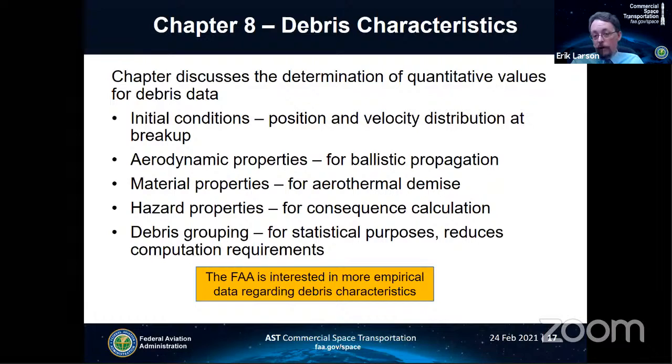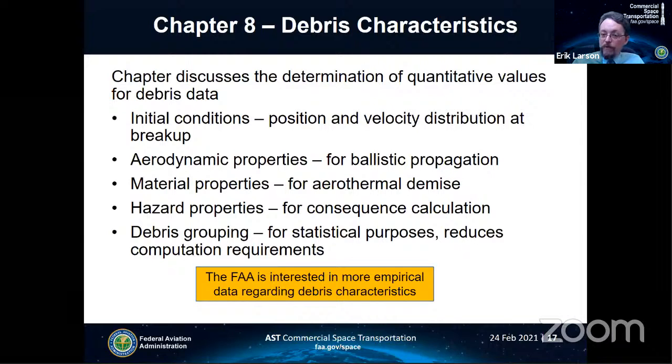There's also guidelines for how to group debris together, because grouping debris can help smooth out some statistics to not just have individual discrete debris fragments. And it also then ends up reducing computation requirements when you do that. But you can't overgroup debris, make too large groups, or you can lose important information.